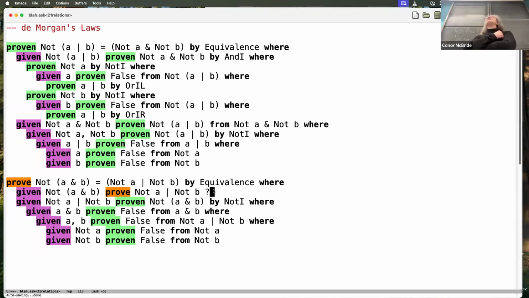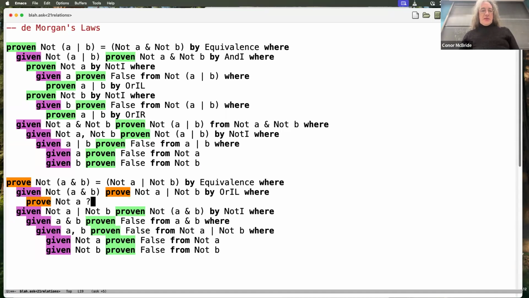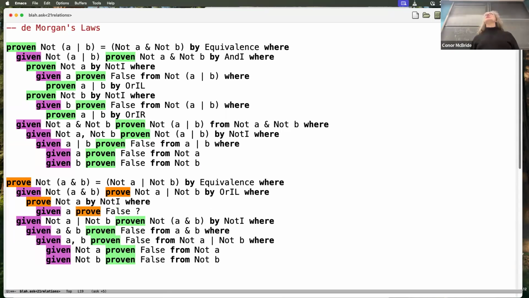If I go left, let's do it actually. Why not? If I go left, then I will be handed a hypothetical proof of A. But I have to prove false.